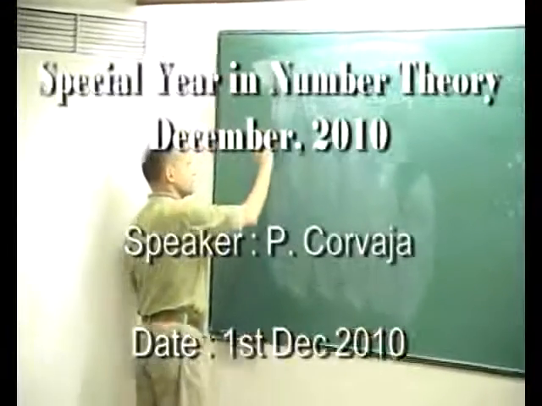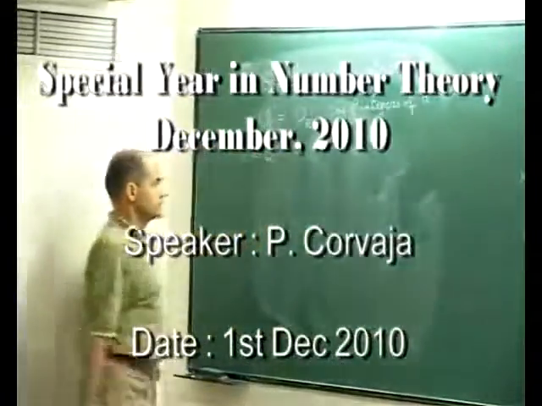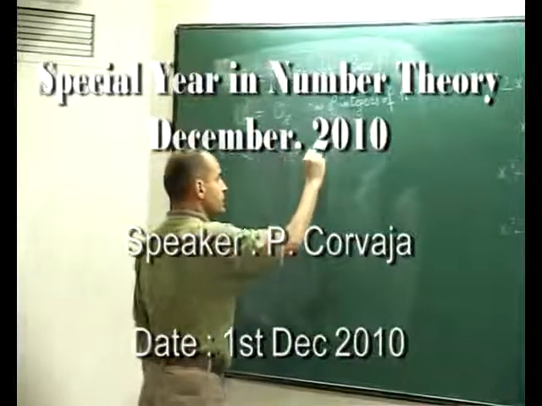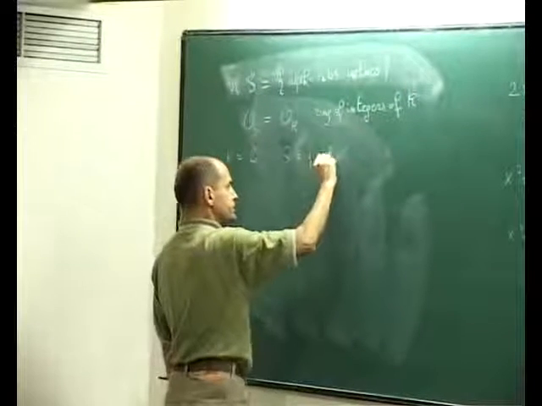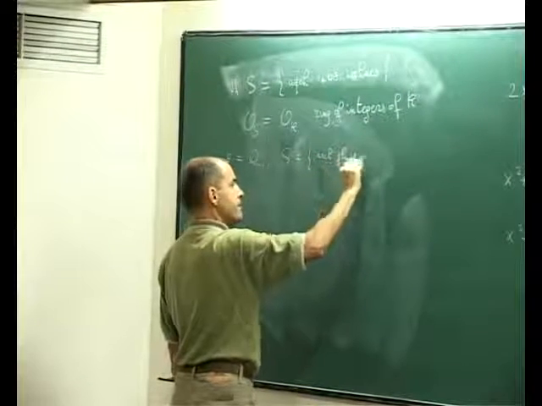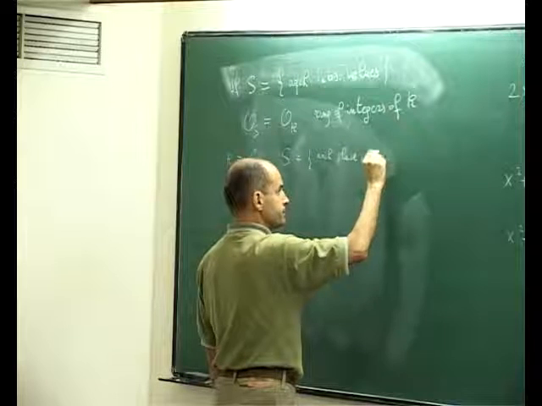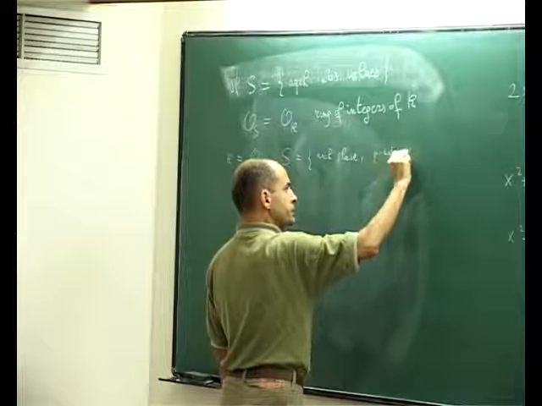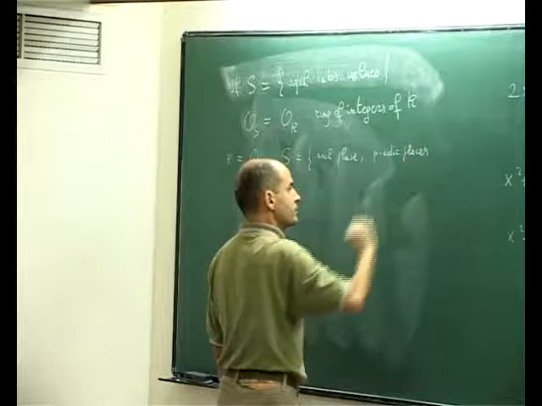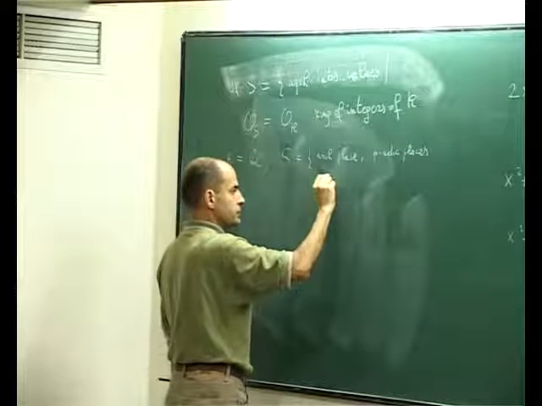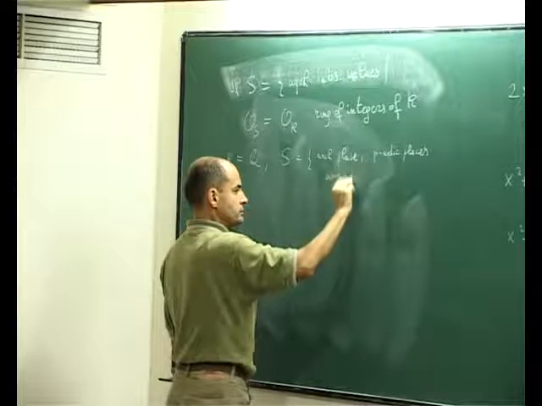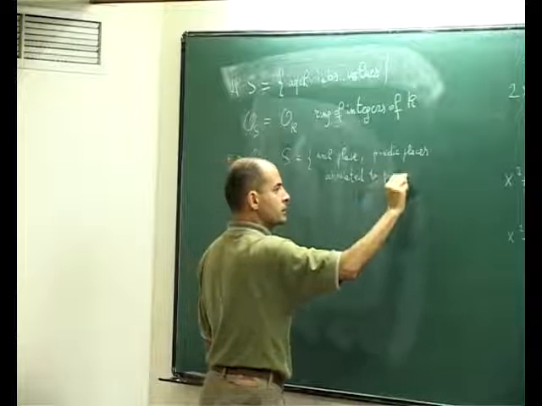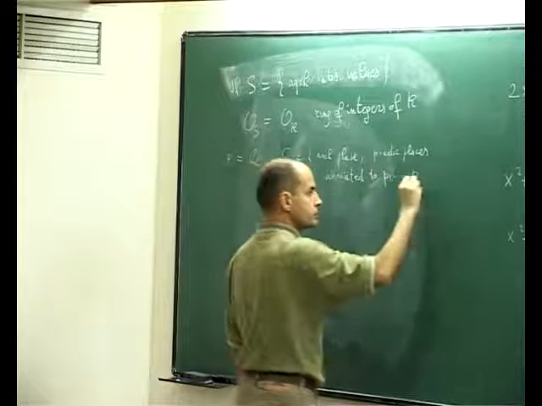Examples. K is Q. S consists of the archimedean place, the only one, plus the p-adic places associated to the primes p1, ..., pr.